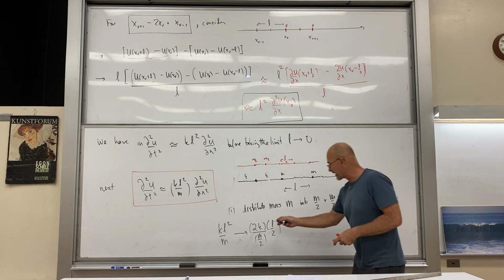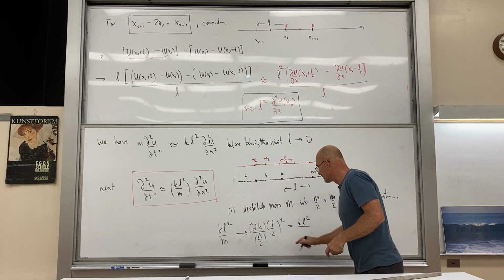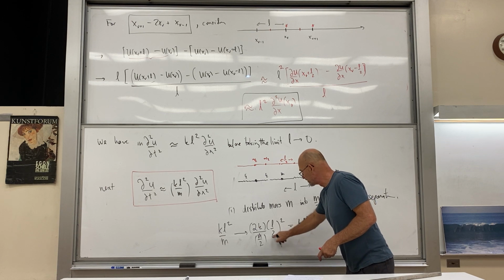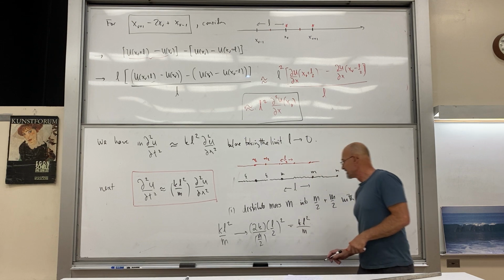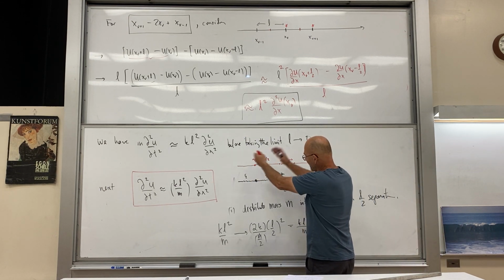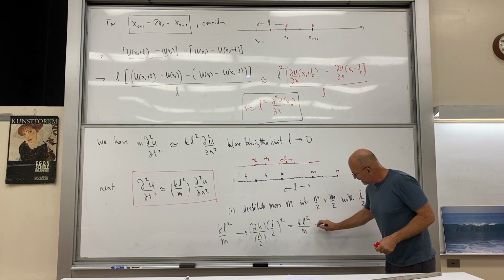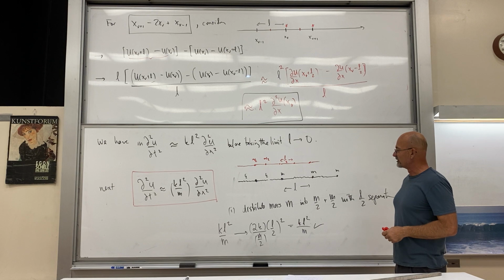And look what we get. We get K L squared, the 4, 2, 2, okay, 4, 4. Fantastic. K L squared over M. So if you do it again, and again, you're always retaining this value of that constant, which is kind of amazing.